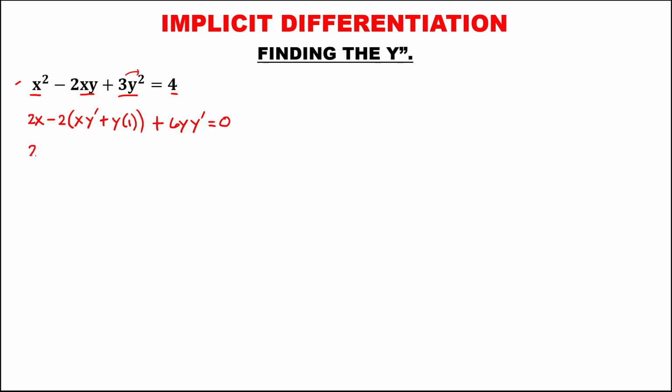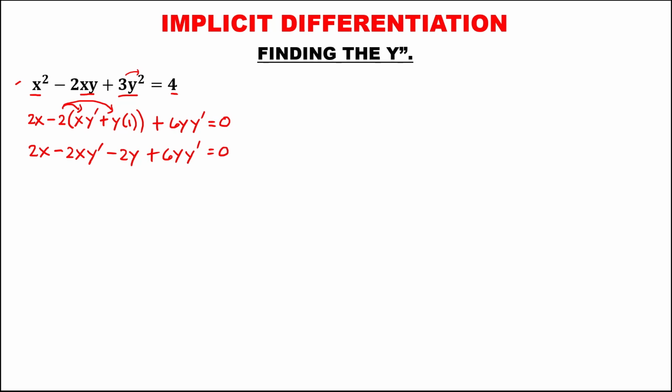To simplify, we have 2x, distribute, negative 2x times y prime, then distribute, negative 2y, plus 6y y prime equals 0.